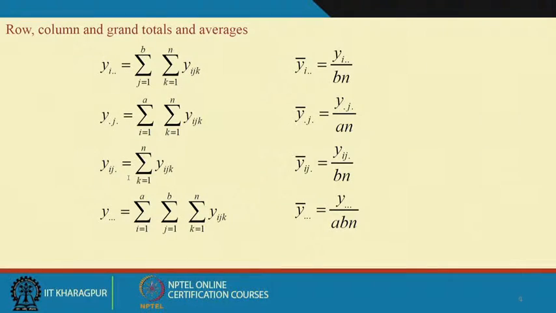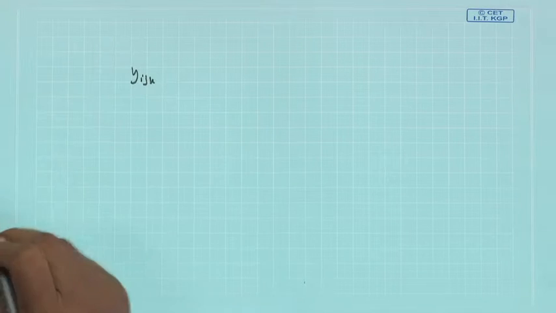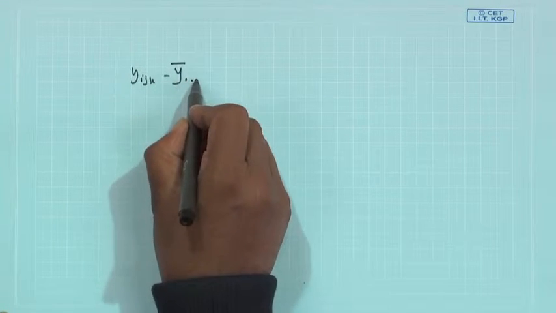Okay. Now, I will show you the partitioning of the variability. The observation y_ijk can be subtracted by its mean component.